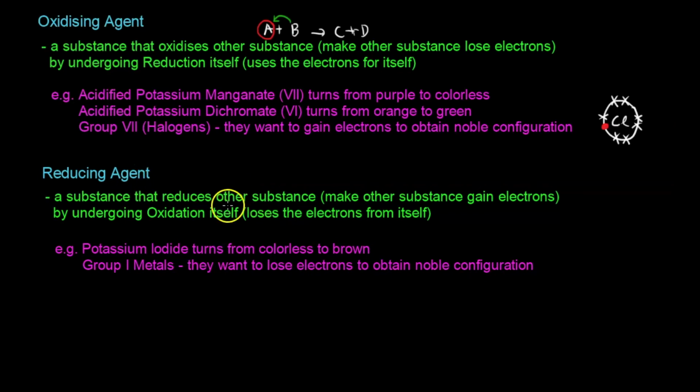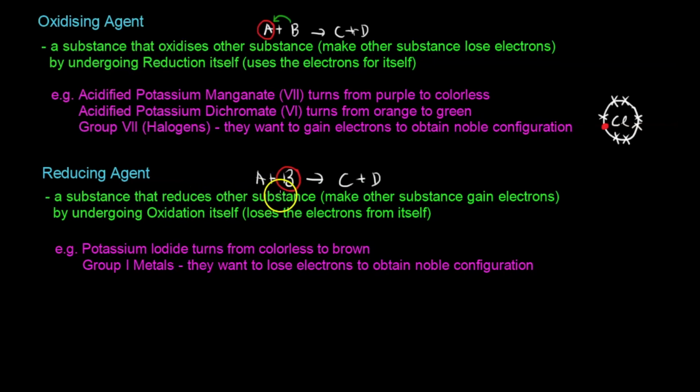It's a substance that reduces other substances, making them gain electrons, and it undergoes oxidation itself, in terms of losing electrons. So back to this equation, it's the same thing: A plus B giving us C plus D. We want to focus on B. So assuming B is our reducing agent, what do I mean?